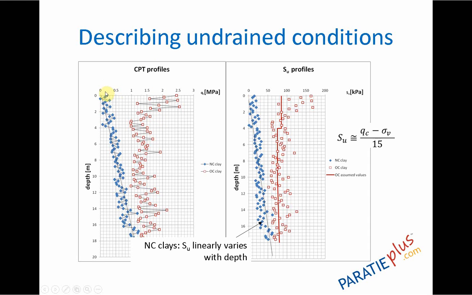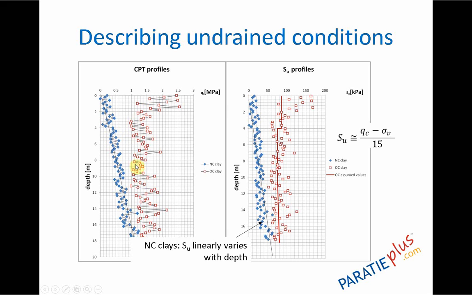If the cone penetration tip resistance has a pattern like this, with an almost linear increase along with depth, it means that the soil is essentially normally consolidated.